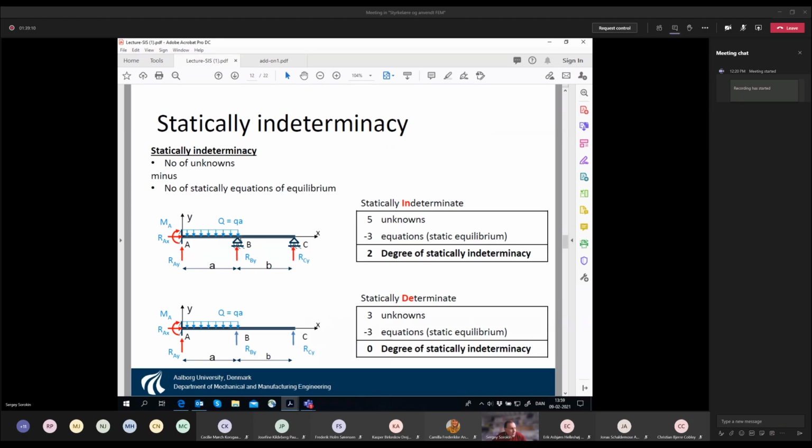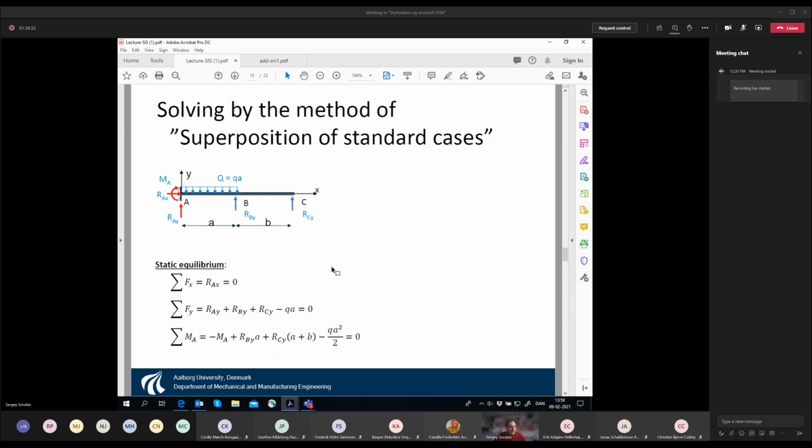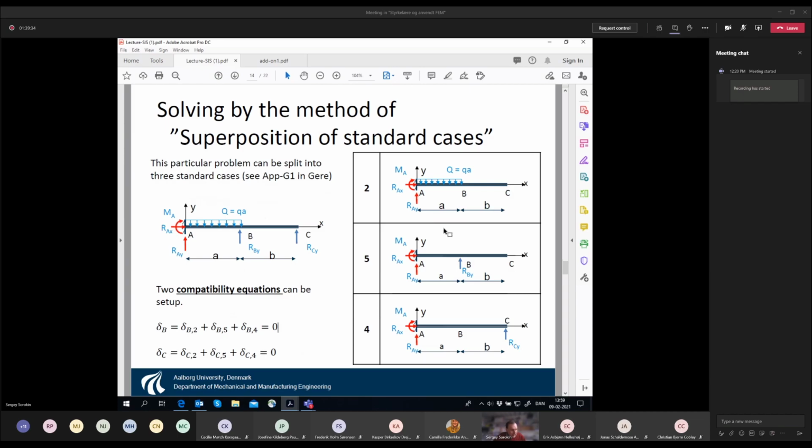You just include that you have two redundancies, and which ones you identify as redundancies is within your discretion. You can say that you have RAY and MA as redundancies. But then, of course, you have to look up another table.